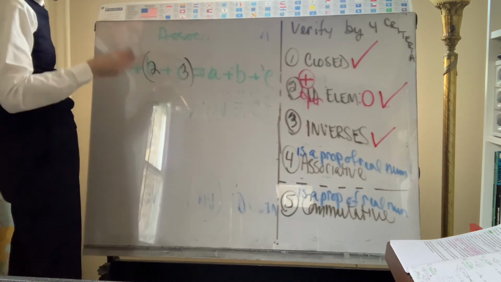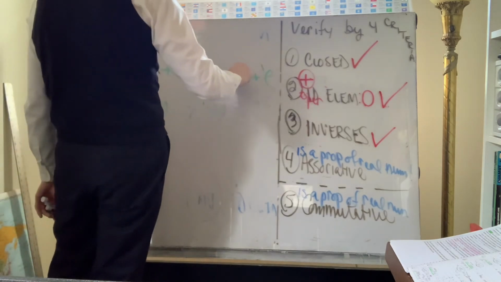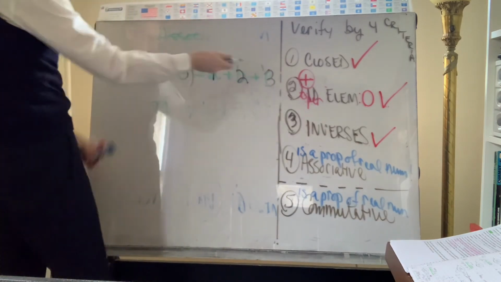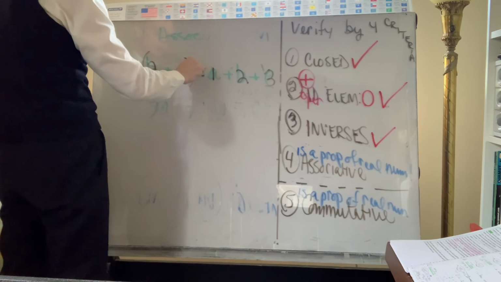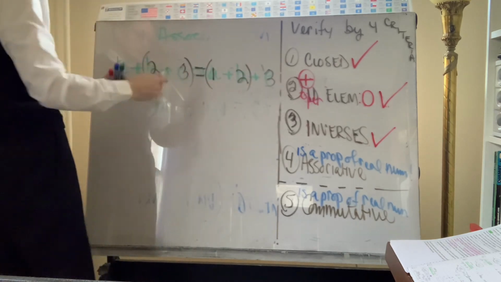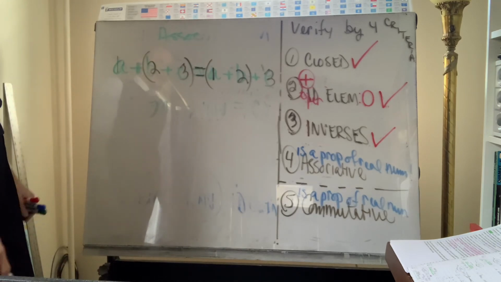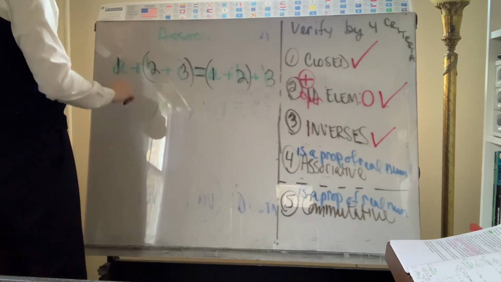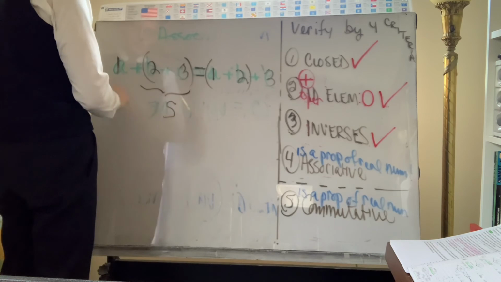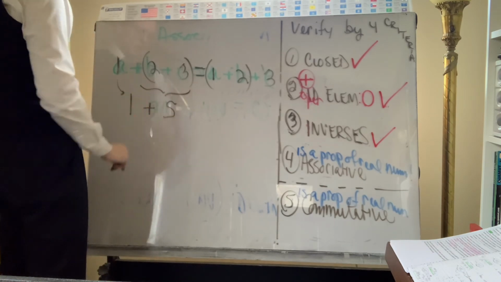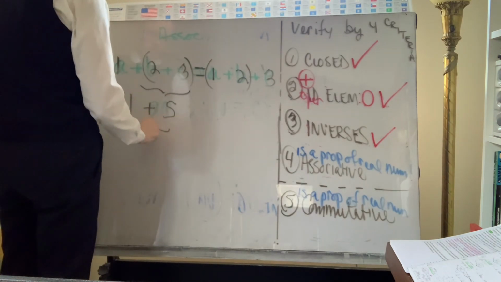If I'm using the associative property, they would be sitting in the same positions, but you'd be grouping these instead of these. They have one element in common. If you add these first, you get 5, and then if you add these, you would get 6.